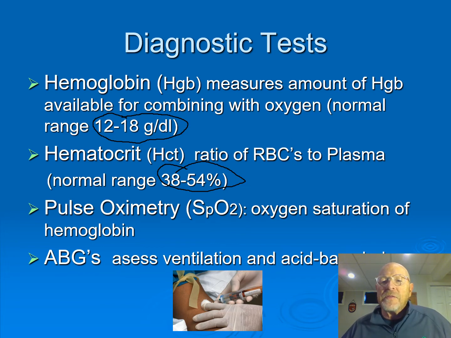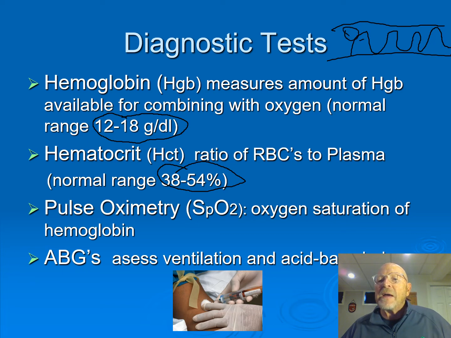So if this is the normal circulating blood volume, hematocrit is a ratio of this 100% circulating blood volume, what percentage of that blood volume is made up of red blood cells? Most of the time, between 38 and 54% of that 100% is made up of red blood cells. So that's where we get that 38% to 54%.